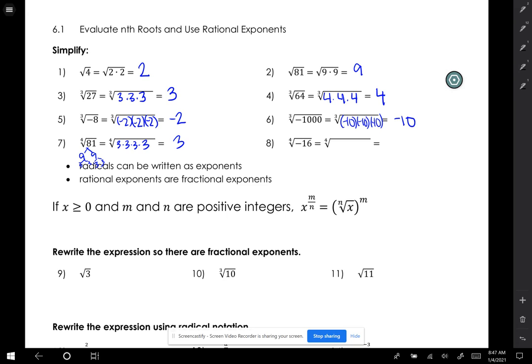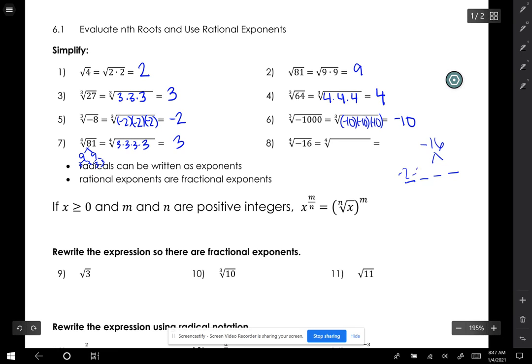For number 8, we have the fourth root of negative 16. So we have to see, is there a way to take a number multiplied by itself 4 times to get negative 16? Well, if you think about it, it's a negative number. And if we're multiplying 4 numbers together and trying to get a negative answer, that's not really going to work, right?